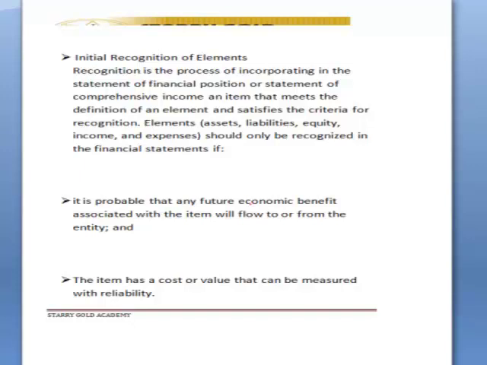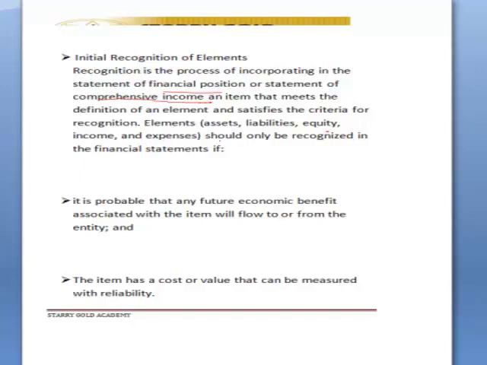Recognition is the process of incorporating in the statement of financial position or statement of comprehensive income an item that meets the definition of an element and satisfies the criteria for recognition. So we're talking about assets, liabilities, equity, income, and expenses. When should we recognize them? Do they meet the required definition of what an asset should be, what a liability should be, what equity, income, and expense should be?